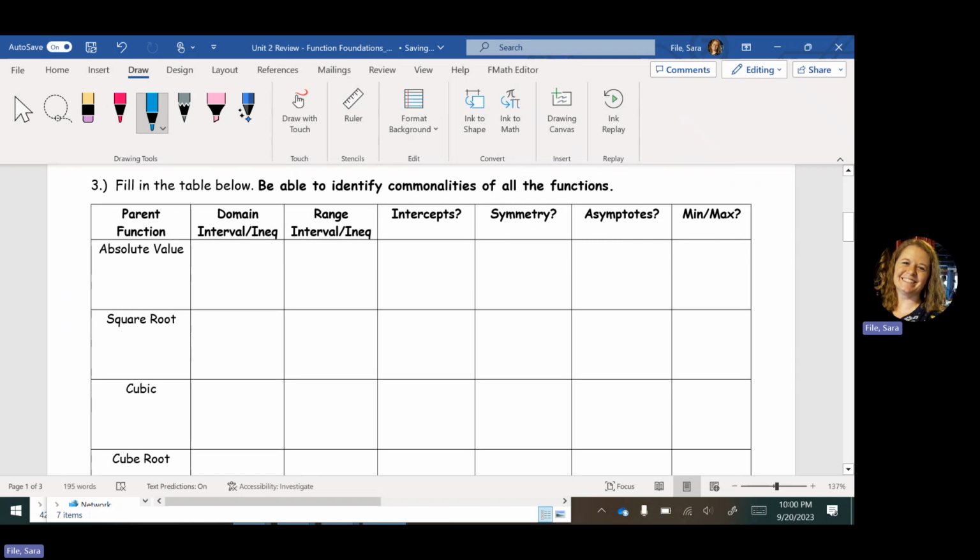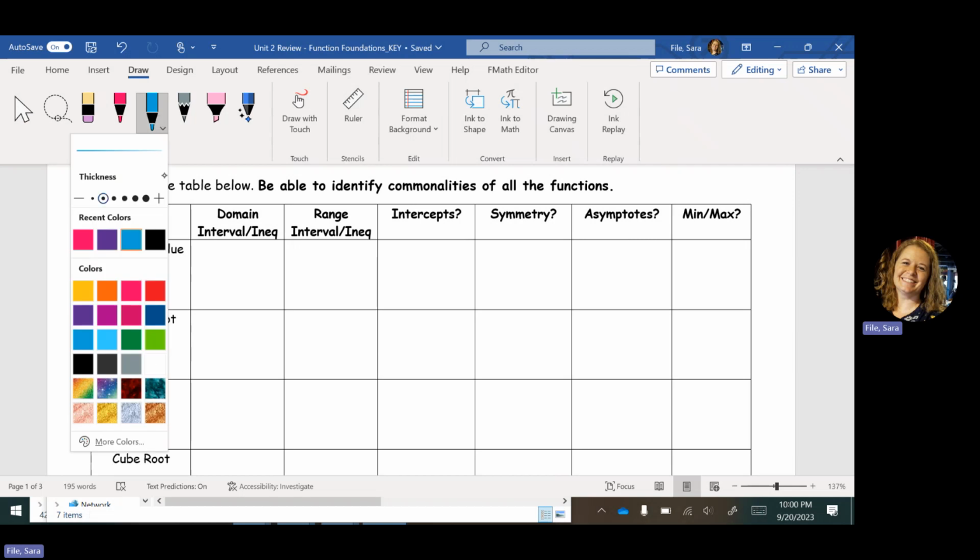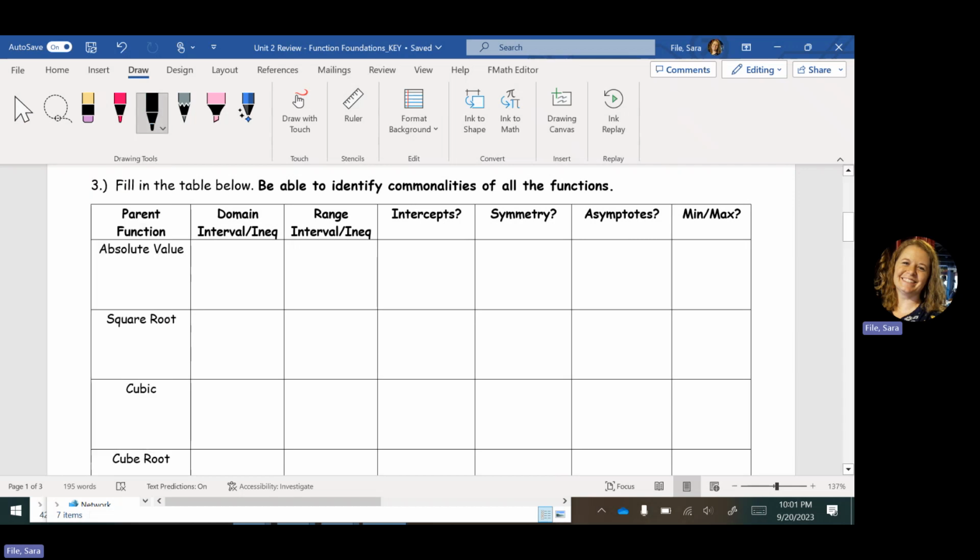Number 3 gives you a big table to fill in and asks you to identify commonalities amongst these functions. So we have to know our parent functions. Absolute value. Now, I think I told you this in class, but I'll remind you now if you're watching this video. You do not have to have the equation memorized.